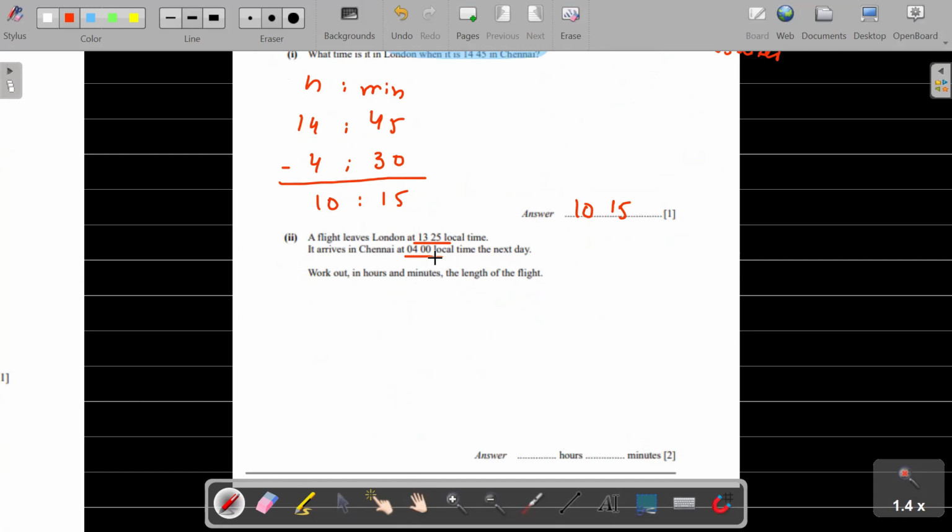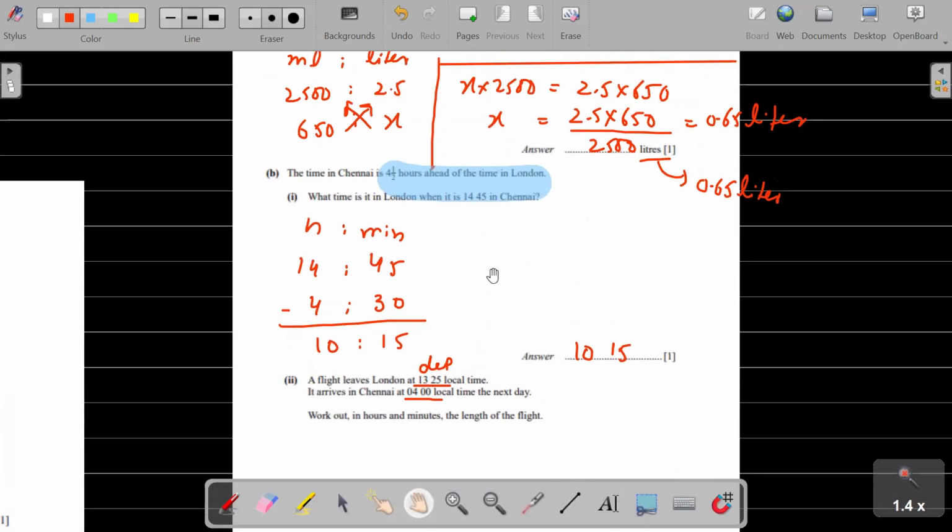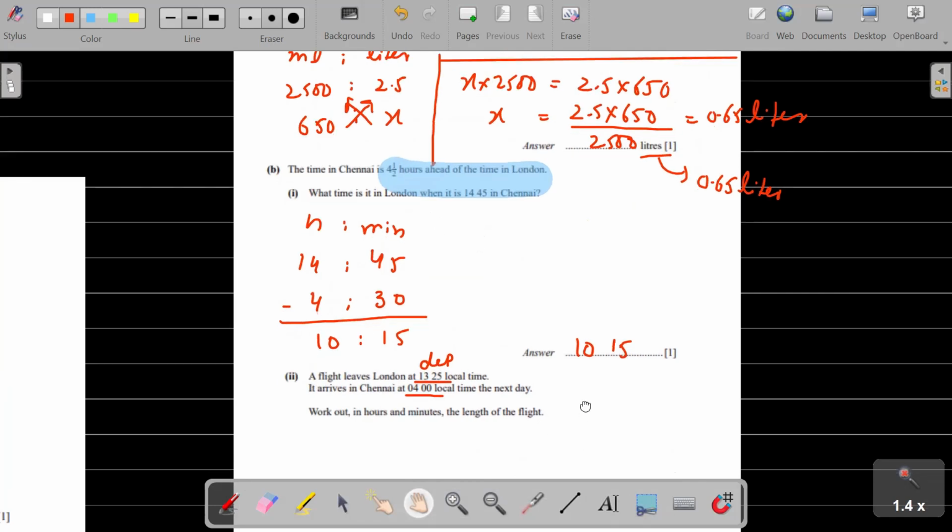We need to convert the departure time of London into Chennai time by simply adding. Because we know that Chennai is ahead of London by 4 hours 30 minutes.